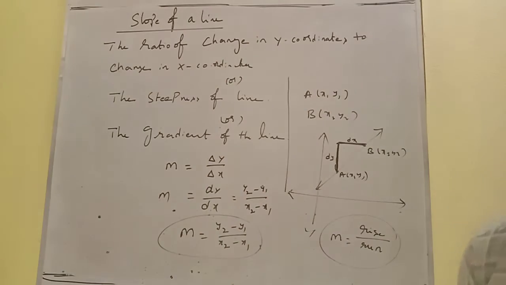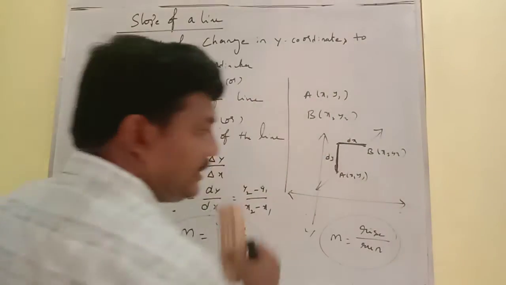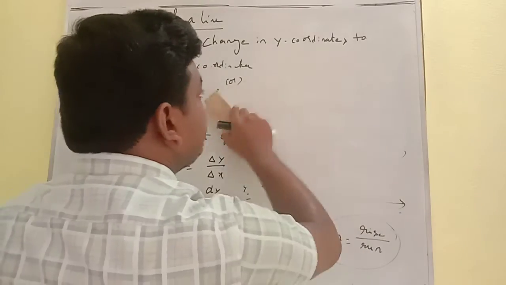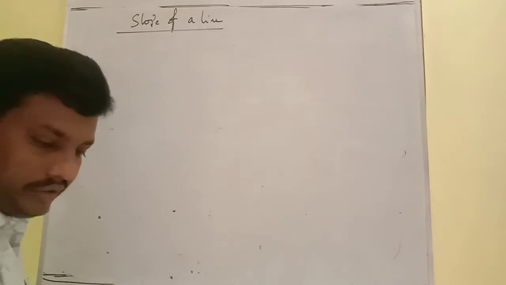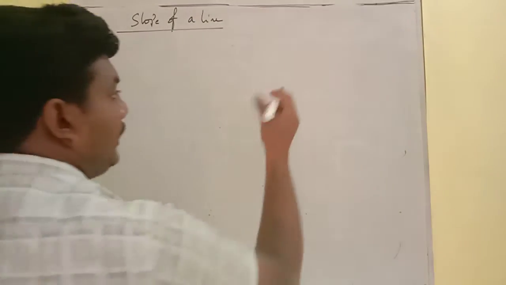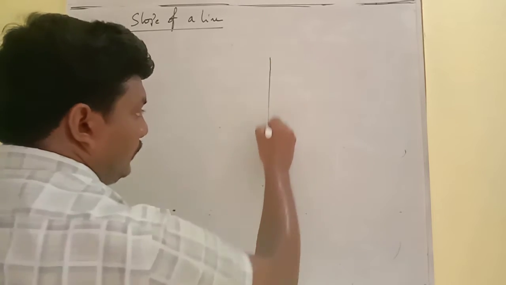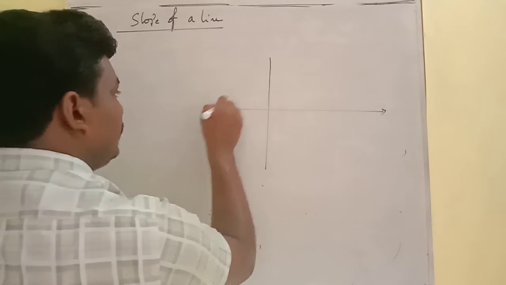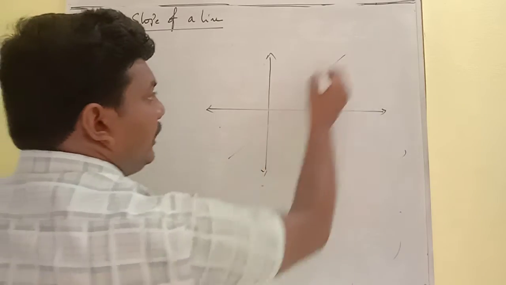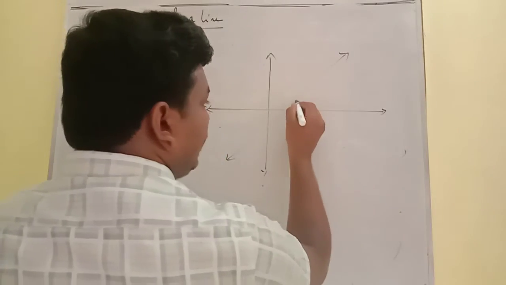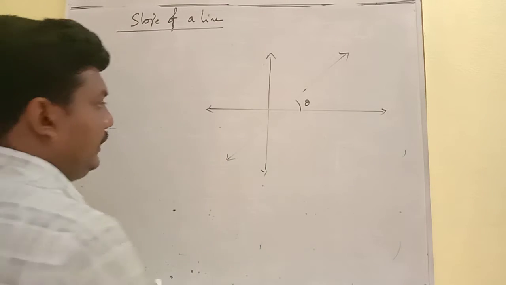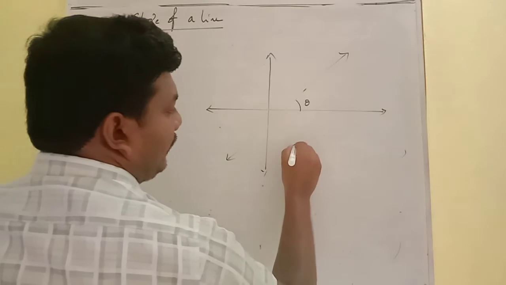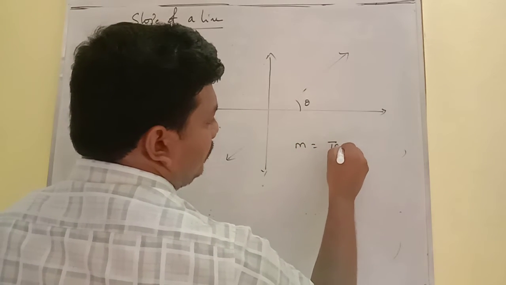Now, another form. When a line is making an angle theta with the positive x-axis, suppose this is the y-axis and this is the x-axis, and this line is making an angle theta with the positive x-axis, then the slope can be taken as m equals tan theta.